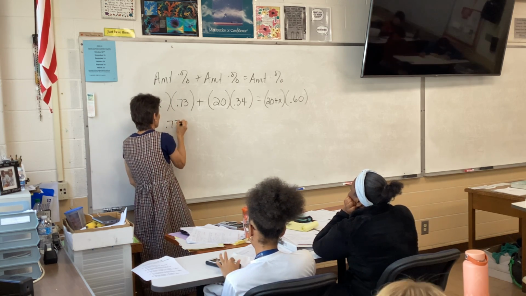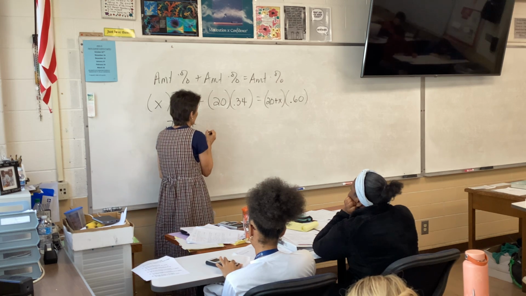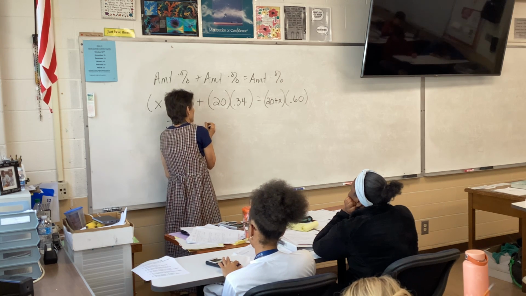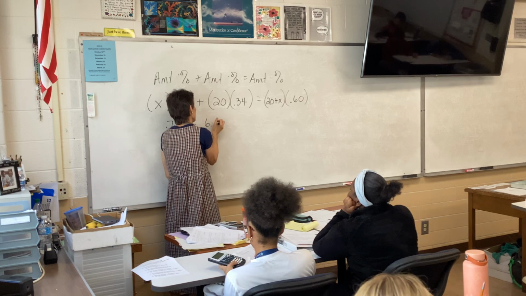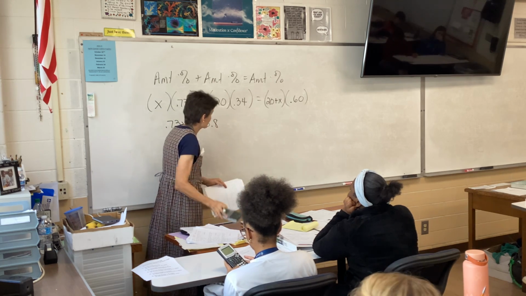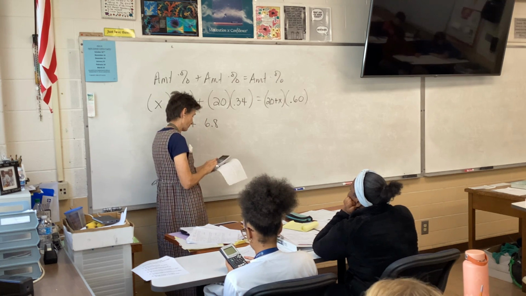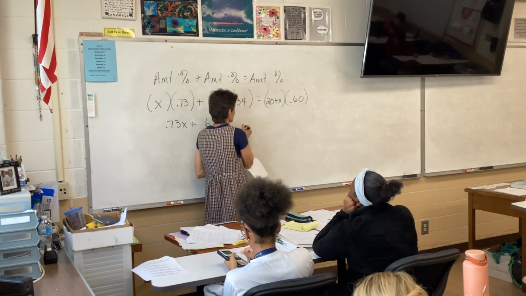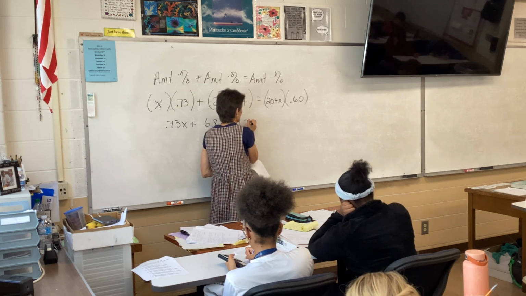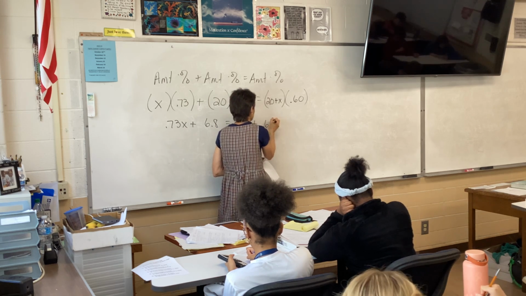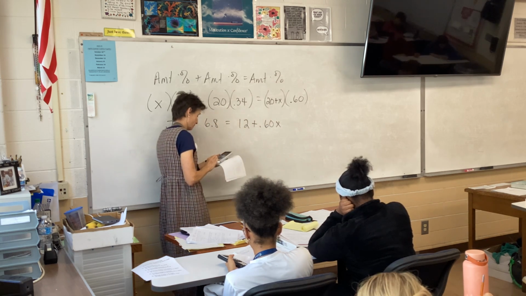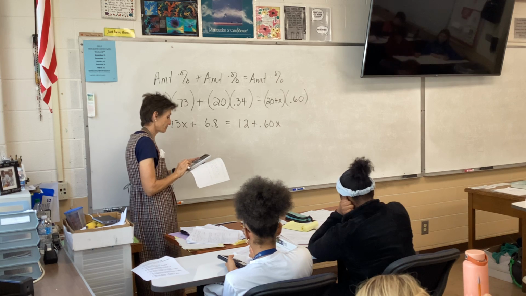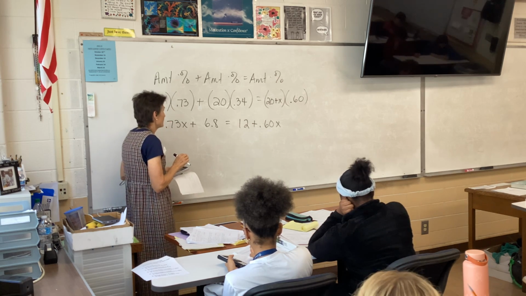So 0.73x plus 6.8, I'm going to have to double check that just to make sure. And this is going to be 12 plus 0.6x.